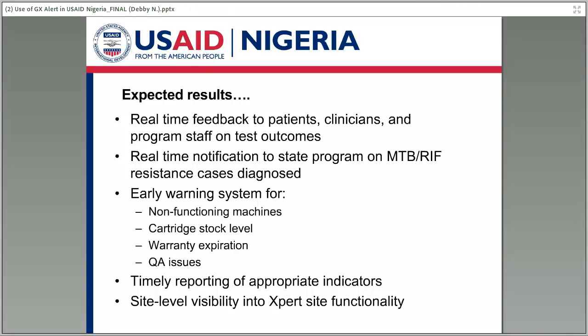Also timely reporting on the appropriate indicators. And more importantly, site-level visibility into functionality, because this has been an issue in Nigeria with modules breaking down or sometimes backup power failing and stuff like that.